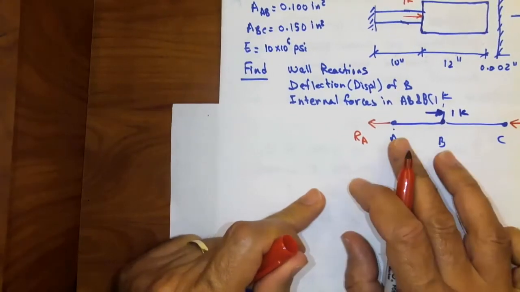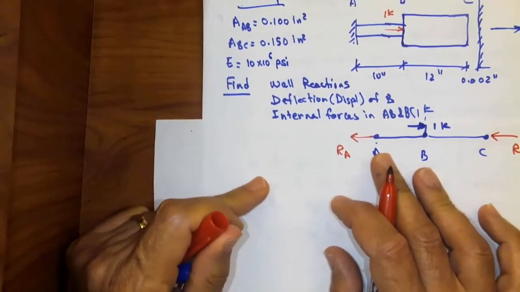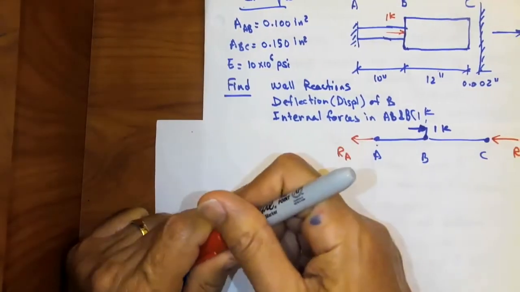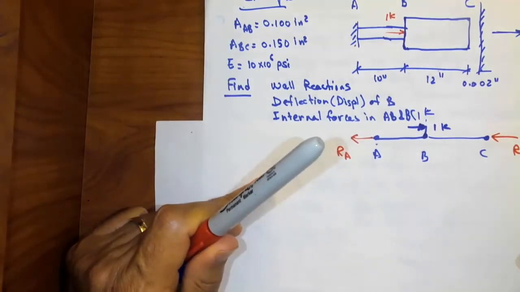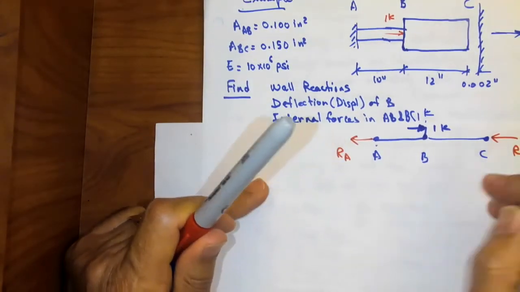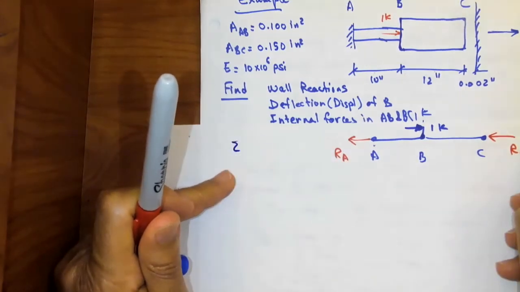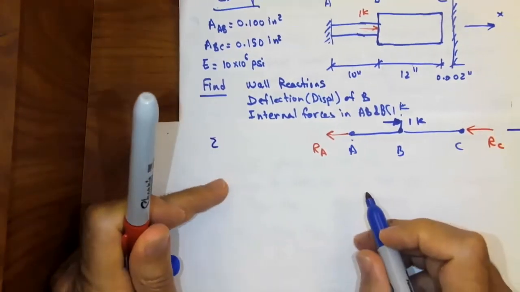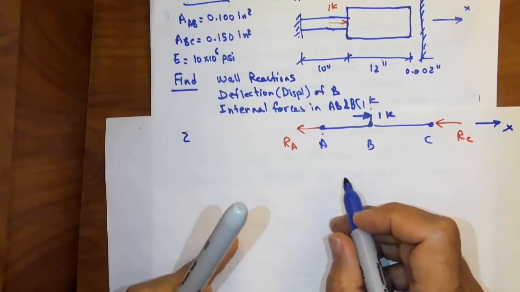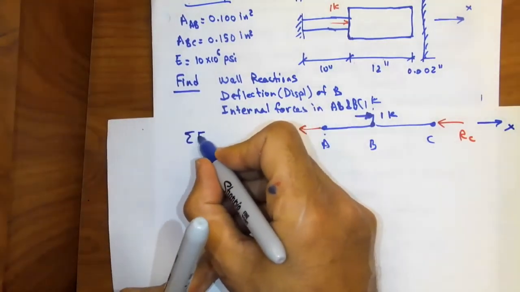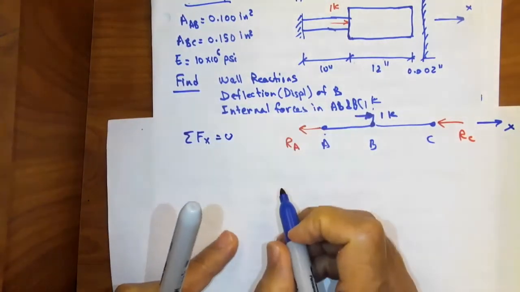So how many equations of equilibrium can I write for this problem? Just one. If this is my X direction, I can write sum of the forces in the X direction is equal to 0.